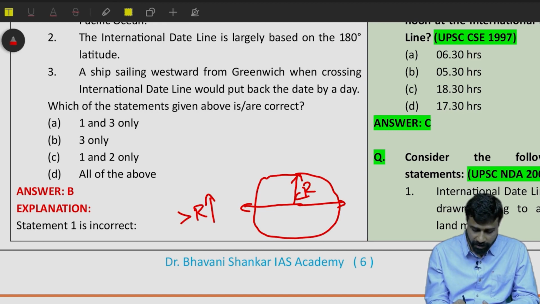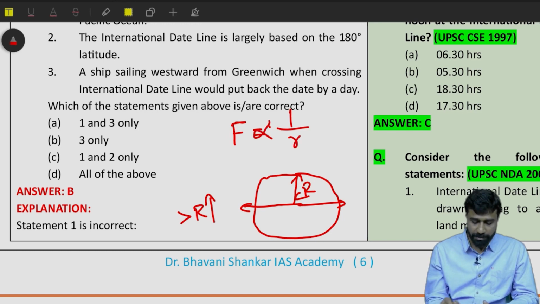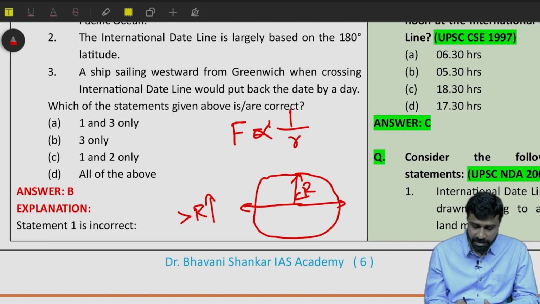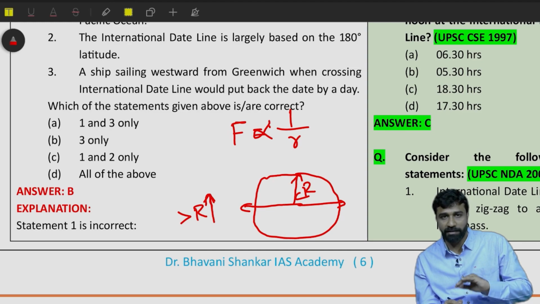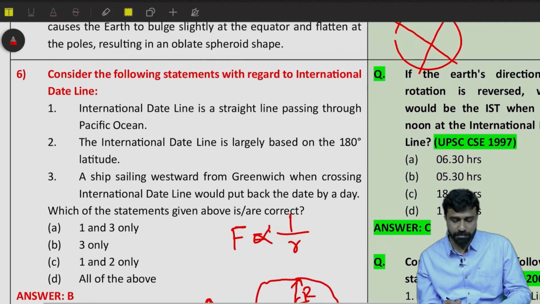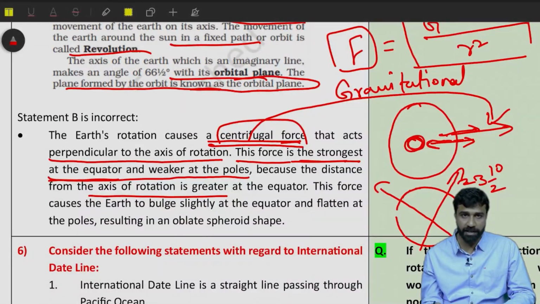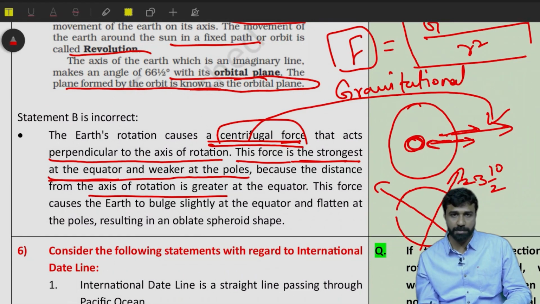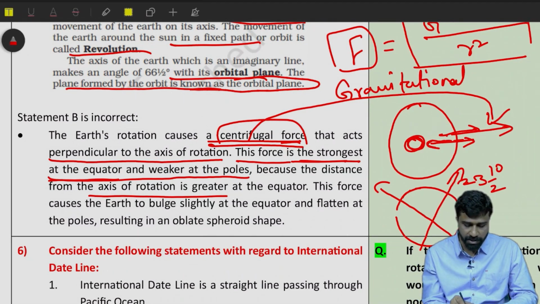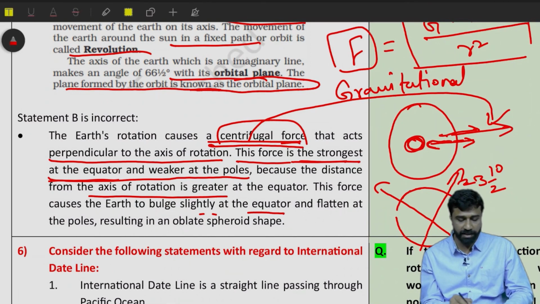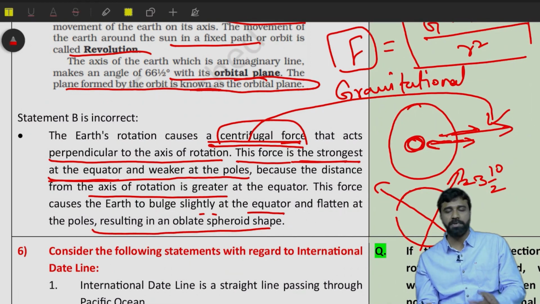So the gravitational force is inversely proportional to radius. Simply put, if the radius is high, the gravity is low; if the radius is low, the gravity will be higher. As written here, the force causes the Earth to bulge slightly at the equator and flatten at the poles, resulting in an oblate spheroid shape.